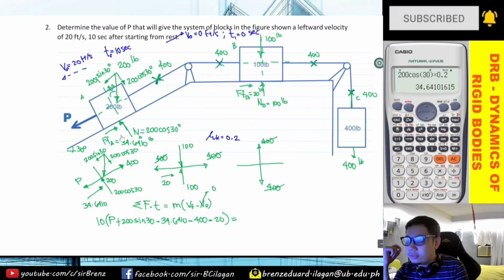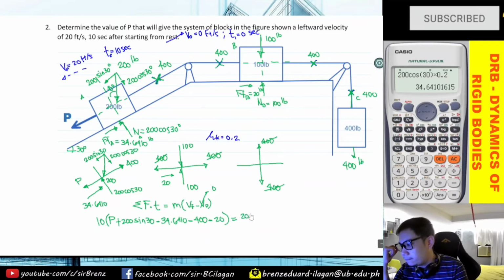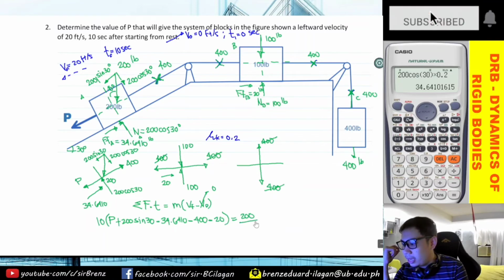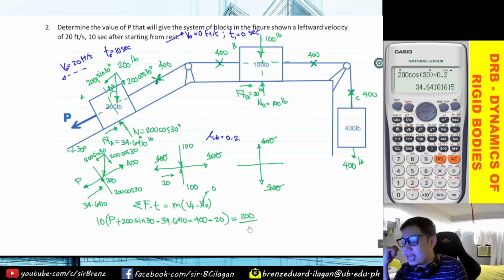So let's start first with the first block. So that is 200. But again, it should be in mass. So in 200, para maging mass yan. So since ito is English, we need to divide this by the gravitational acceleration.